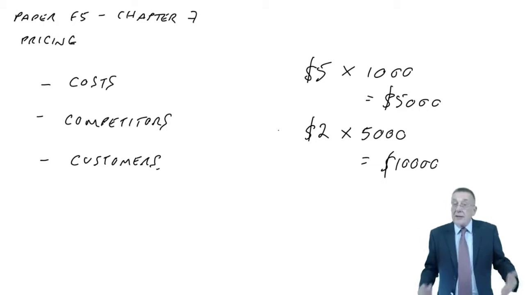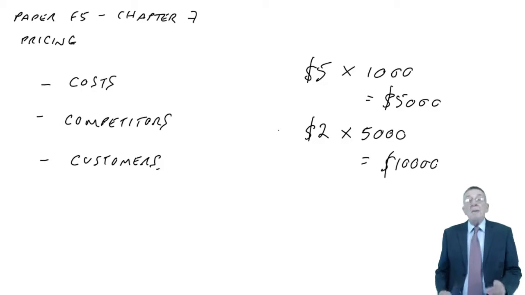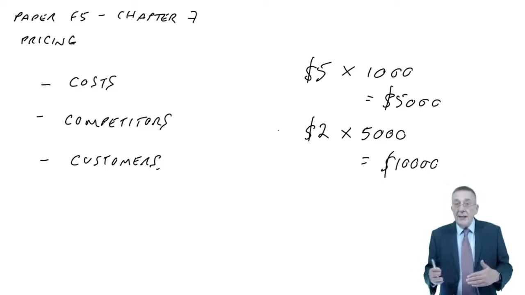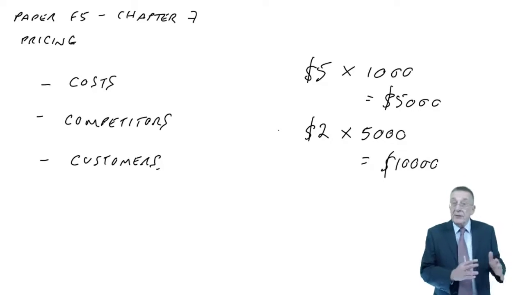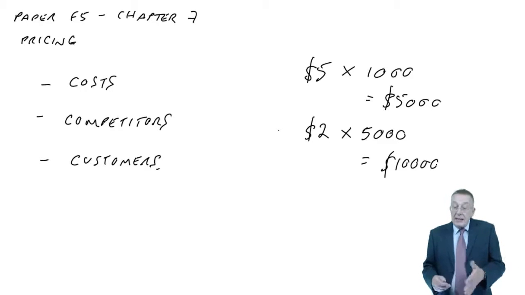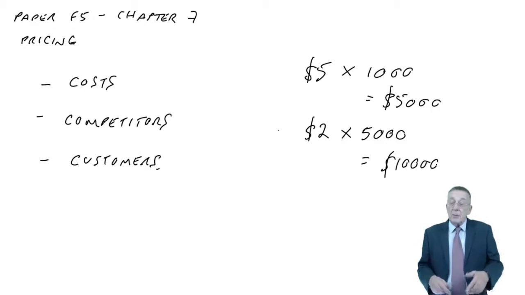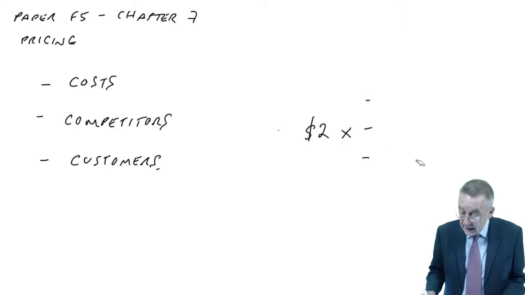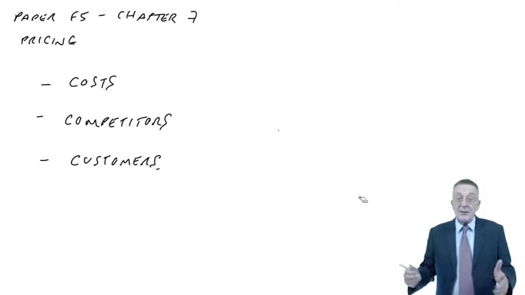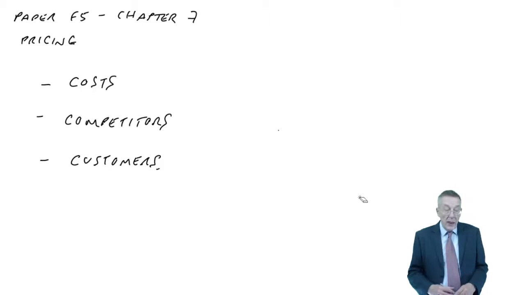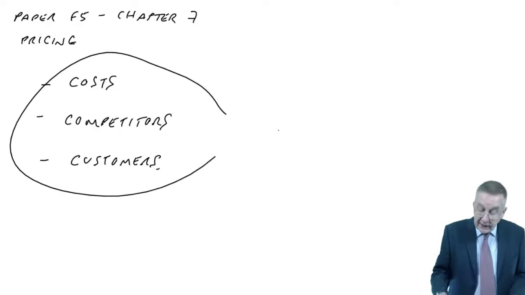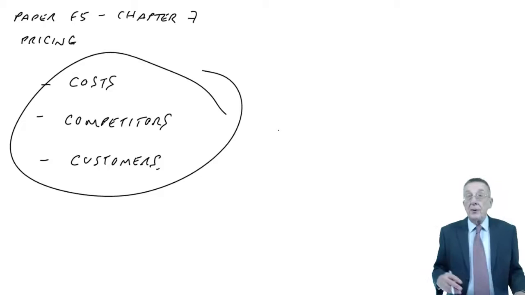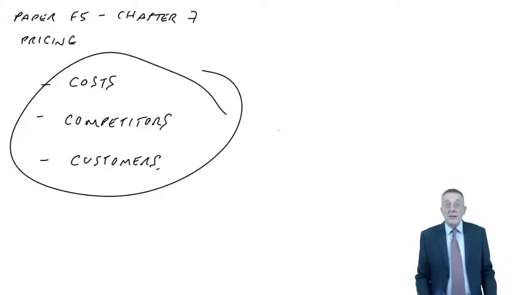And so again, it's a factor we need to take into account. Are customers going to be affected in that way by different selling prices? And if so, what selling price is going to give us the best profit and therefore be the best selling price? So those are the factors, and obviously that's just for discussion type questions.